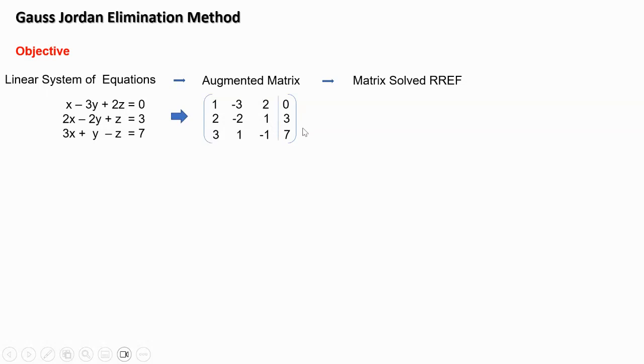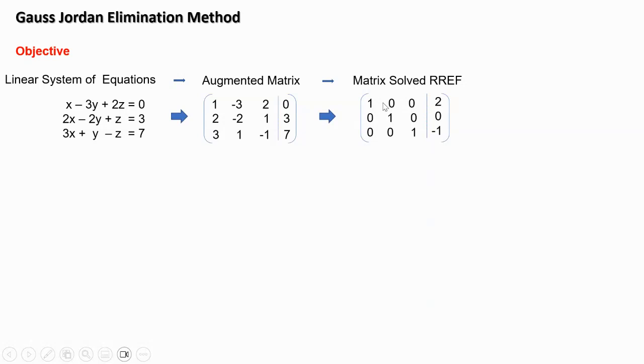Now, I also show my students how to put it in the calculator for them to check their answer. But if you do that, or even if you do it by hand, this is the result that it should look like. This is what it means. The first column is the x's, the second column is the y's, and the third column is the z's.